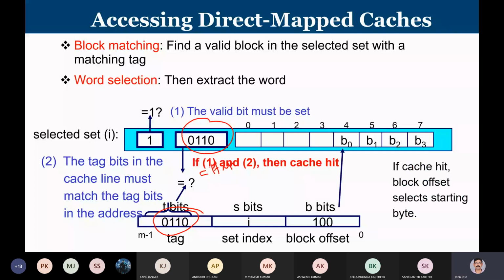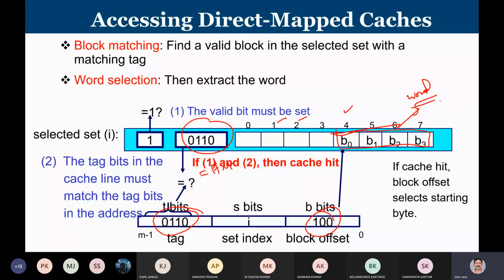Once a hit happens, I need to extract the corresponding byte using the block offset: 000, 001, 002, like that. This is my word, and one word is going to be 4 bytes.